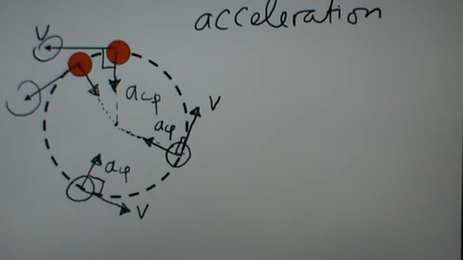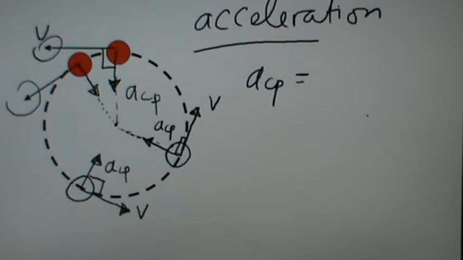There is some derivation of the magnitude of the centripetal acceleration that you can see in the physics textbook. However, in this part I will go directly to the magnitude of the centripetal acceleration.